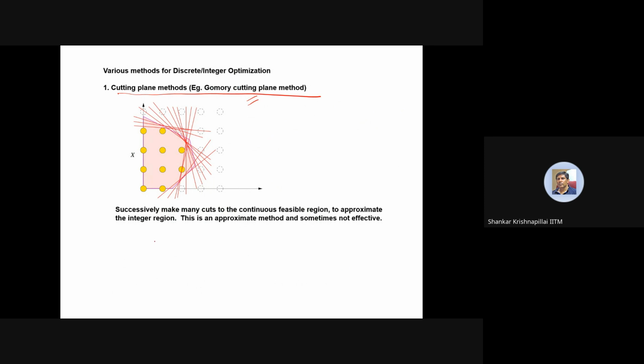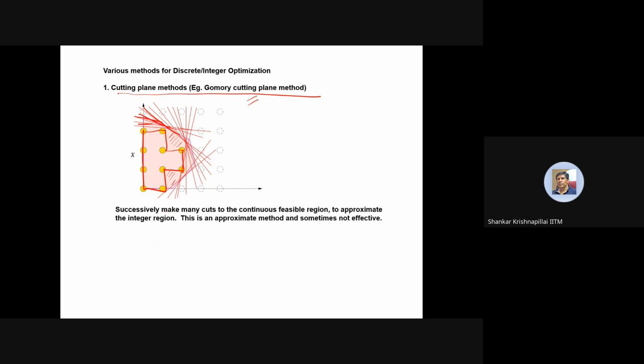So the basic idea of this method is that by drawing various cutting lines like this, you approximate this feasible region. Okay. Obviously, some error will be here. These parts are all errors.